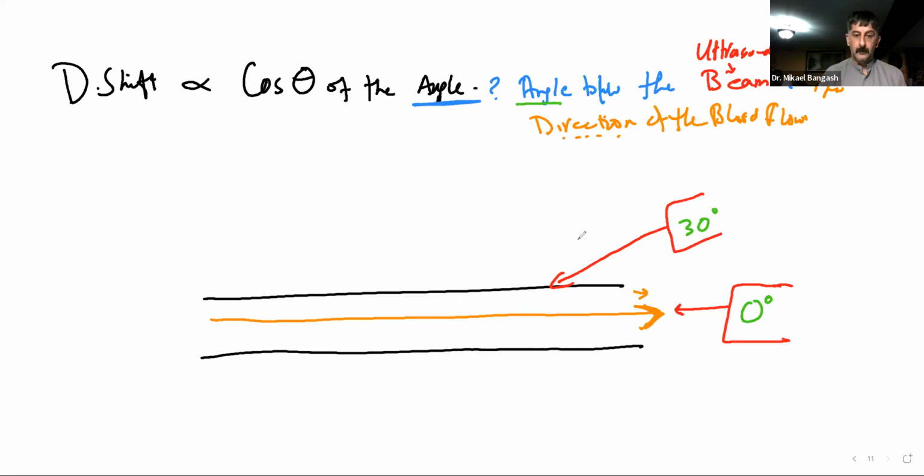Sorry, if that, for instance, hits down here, then this would be a 30-degree angle. Here, this was a 0-degree angle.